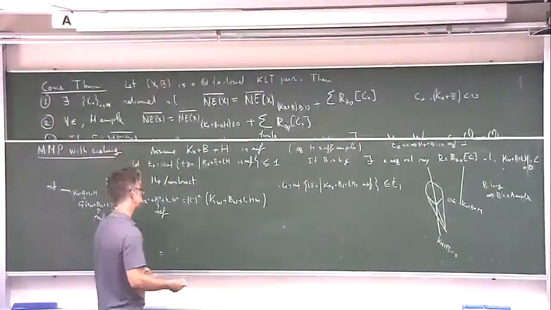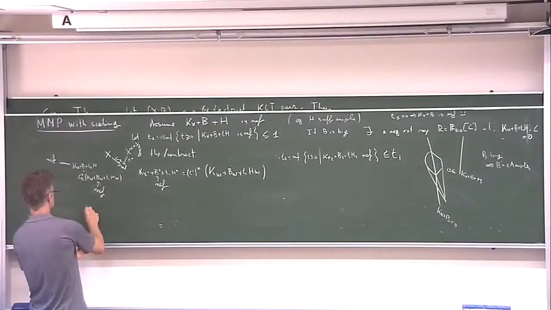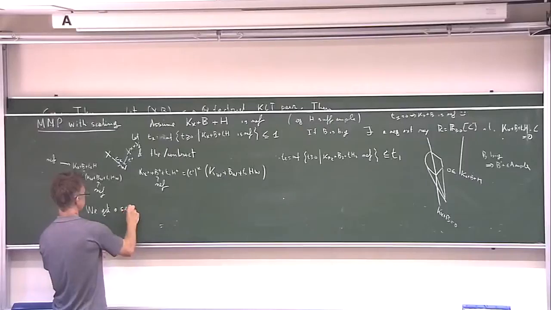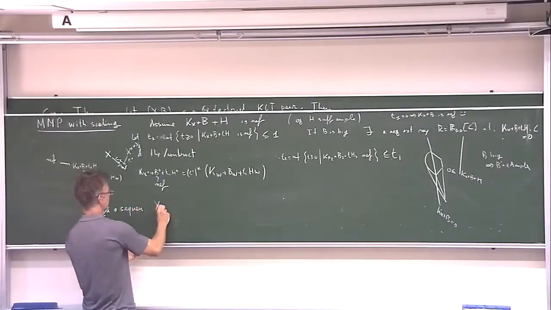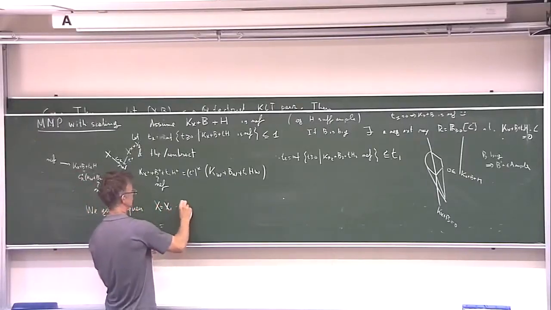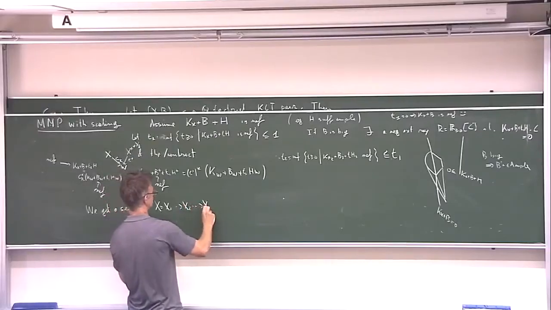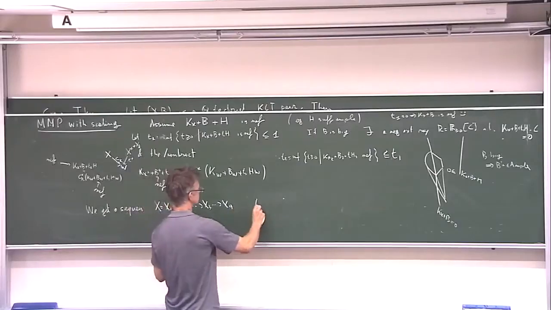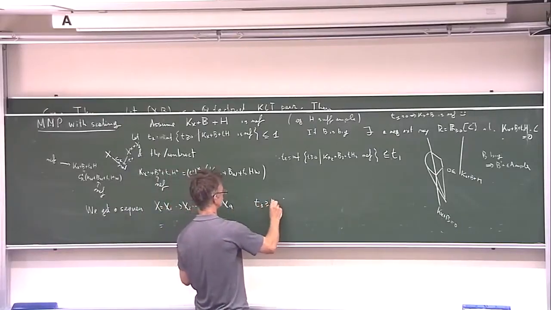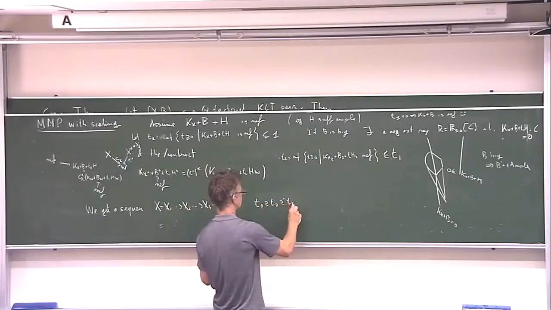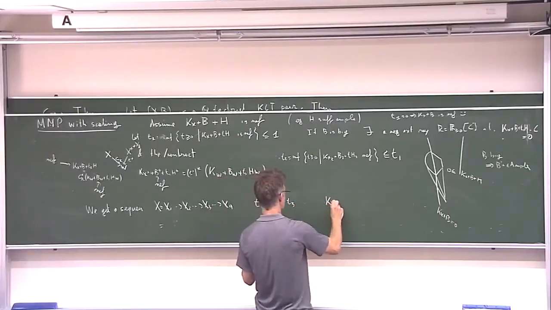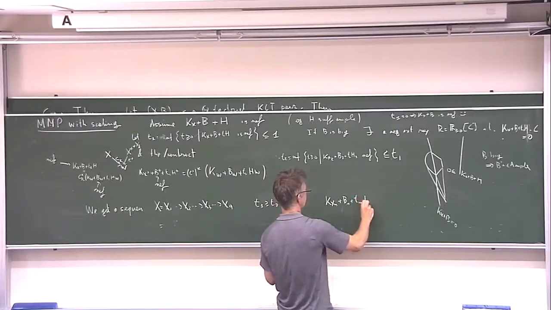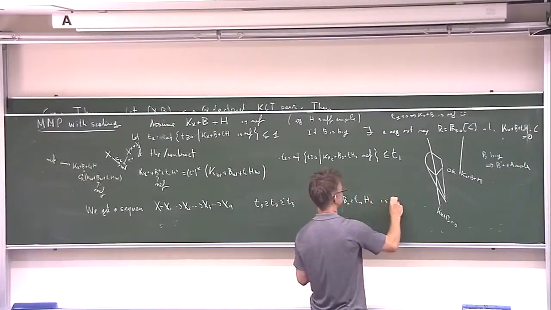So proceeding in this manner, we get a sequence of steps of the minimal model program, X equals x1 to x2 to x3 to x4, and numbers t1 greater or equal to t2 greater or equal to t3 with the property that kxi plus bi plus ti hi is nef.